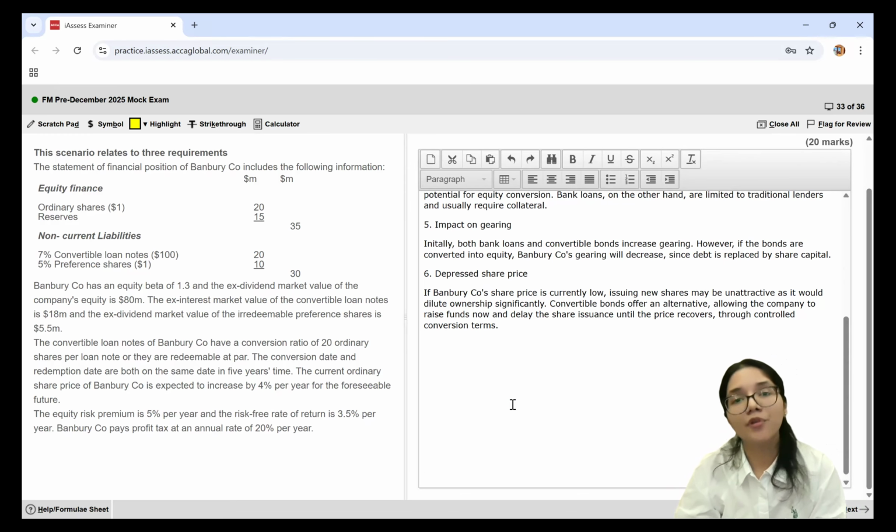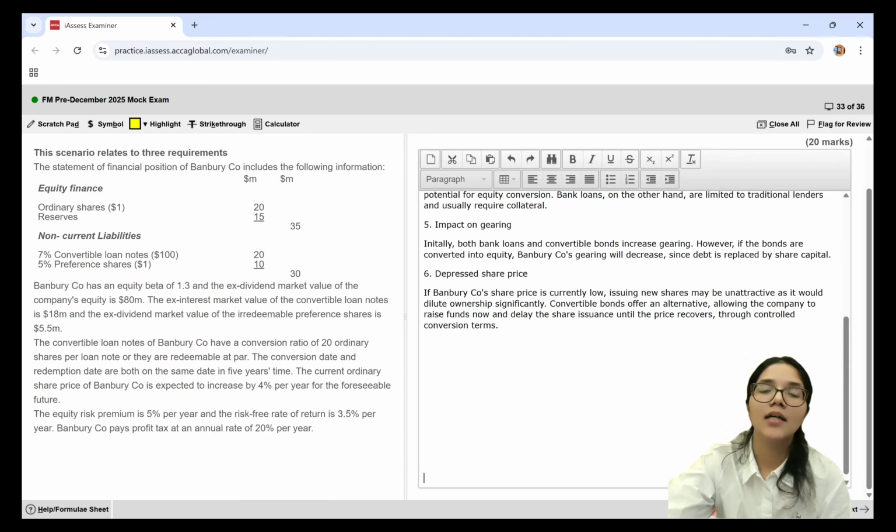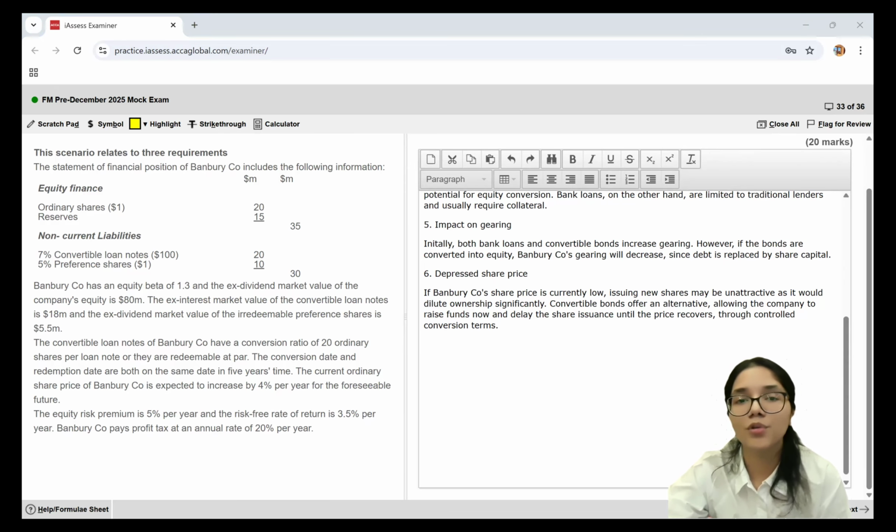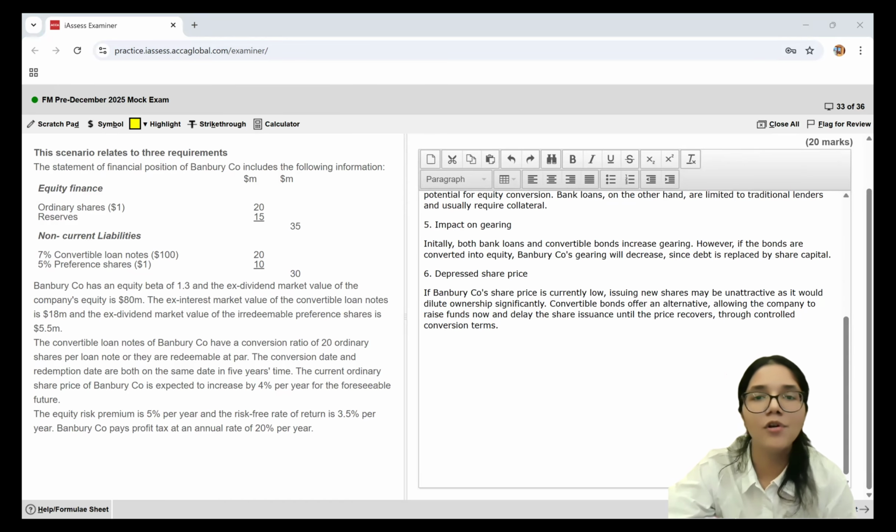I am able to raise the funds, and I can delay issuing shares to the investors till the time the price recovers a little bit, so that the equity will be diluted at the end of the day, but I will be getting a good price for it. That is another factor which makes the convertible loan notes more preferable compared to a normal bank loan for a company like Banbury company.